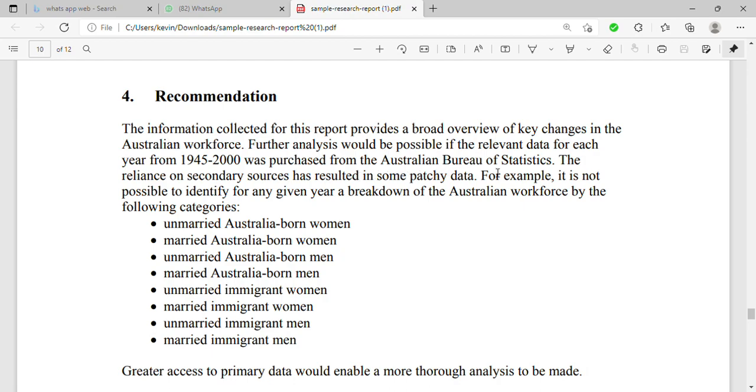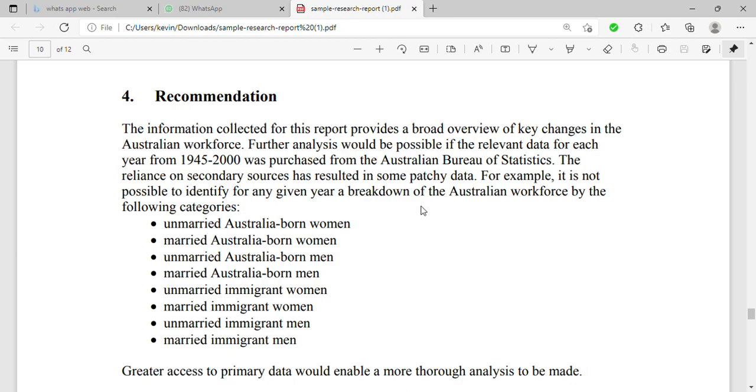Further analysis would be possible if the relevant data was purchased from the Australian Bureau of Statistics. The reliance on secondary sources has resulted in some patchy data. For example, it's not possible to identify for any given year a breakdown of the Australian workforce by the following categories. Because they used secondary data, they were not able to find out some information. In order to get all the information they need, they have to purchase the primary data from the Australian Bureau of Statistics.